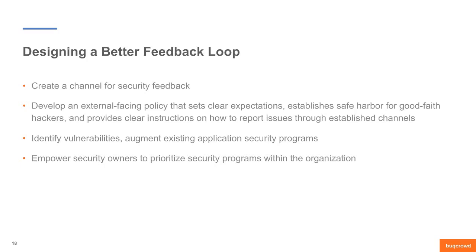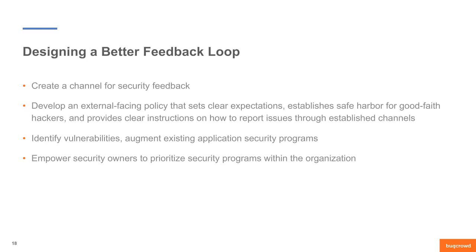We talked about this a little bit, but it's a really important part of this feedback loop and this design of a VDP. Nobody wants to end up on the side of litigation or anything like that, so you want to make sure that if someone's going to report in good faith security information to your organization out of altruism, that they have safe harbor protections as researchers and clear instructions on how to report the vulnerability.